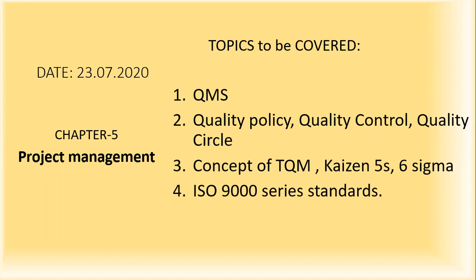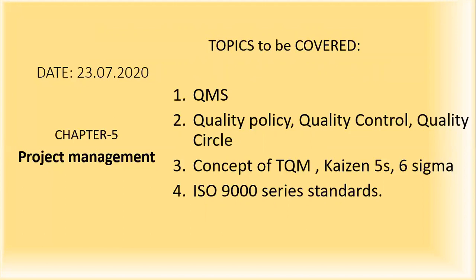We'll also look at the principles of Kaizen, 5S, and Six Sigma. And also a brief note on the ISO 9000 series standards: the objectives of ISO, the advantages, the disadvantages, and the benefits of the ISO 9000 series in detail.